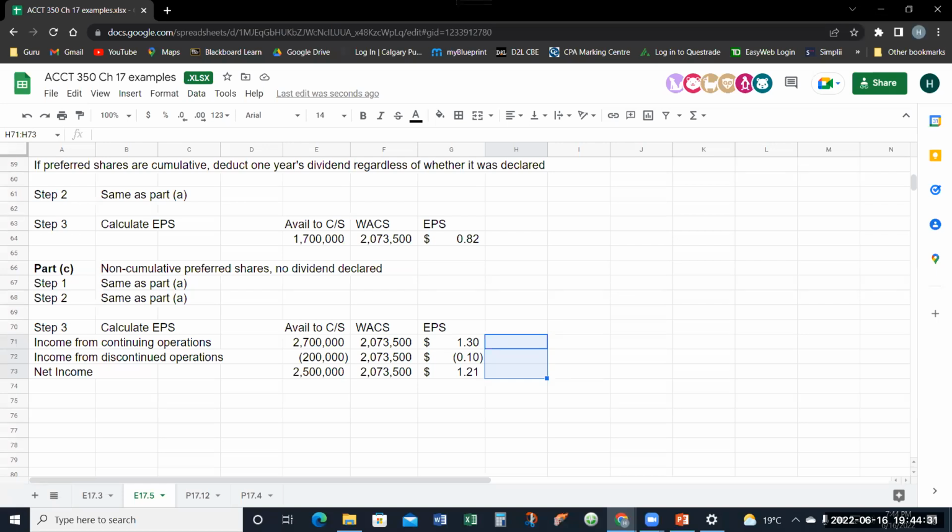It doesn't matter how many years' dividends are in arrears, how much was declared, we don't care. 1 year, that's all. If it's cumulative, 1 year. If it is not cumulative, then you look at the amount that was declared during the year. That is what you've got to be very sharp focused on. The questions will confuse you many different ways.